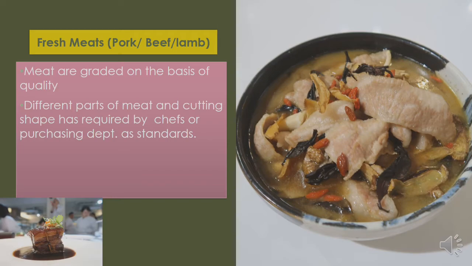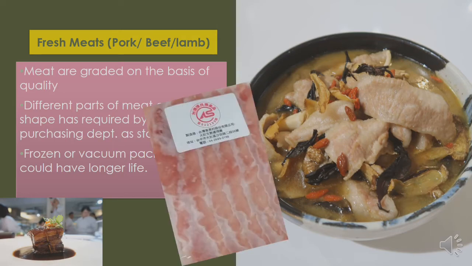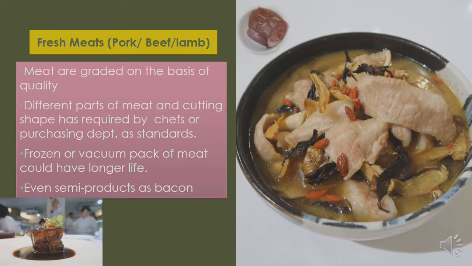Taiwanese pork dishes. And sometimes all of the meat needs to be frozen or vacuum packed to extend their life. So from the right-hand side bowl, that is sliced pork. You need to have the slices of pork just like these pictures.